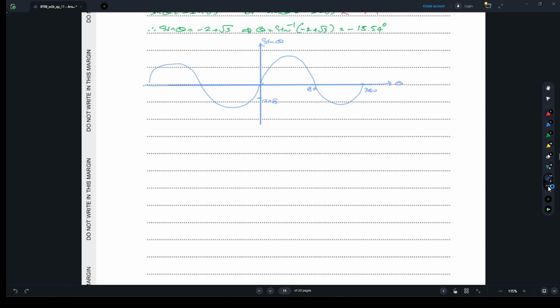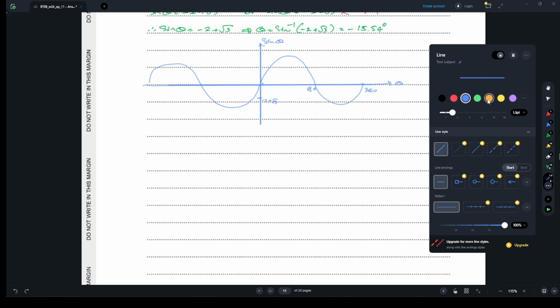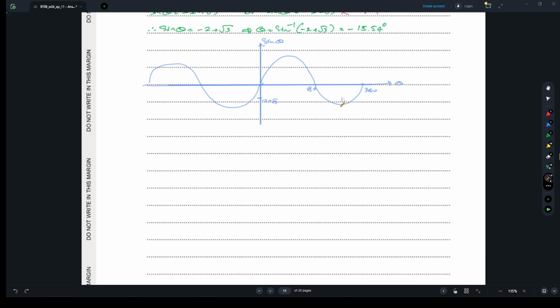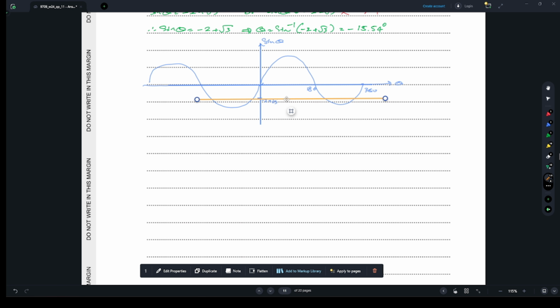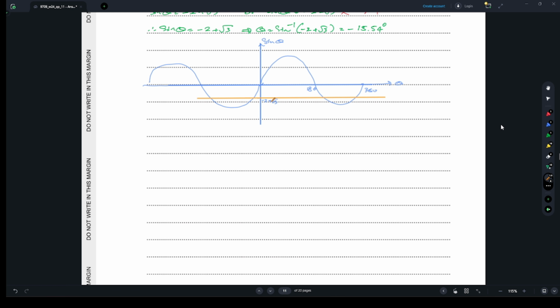I will take a different color. If I draw this line, I should move a little bit. So this is the line. Here, this value is the value that we found, minus 15.54.